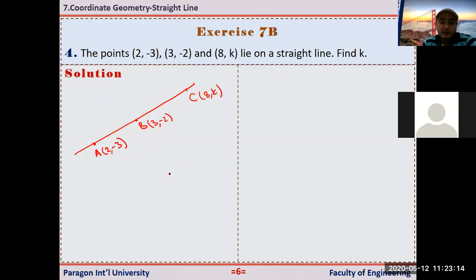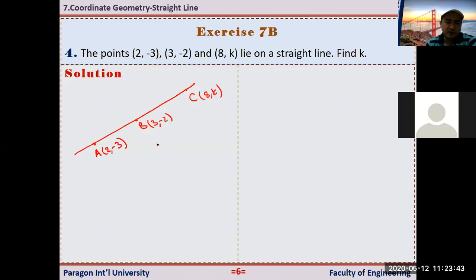Okay. So the question is saying that they are lying on a straight line, and we need to find the value of k. And every line has a single slope. Every straight line has only one slope or one gradient. It doesn't matter which 2 points you pick to calculate this gradient, A and B, B and C, or A and C. It gives us the same slope.